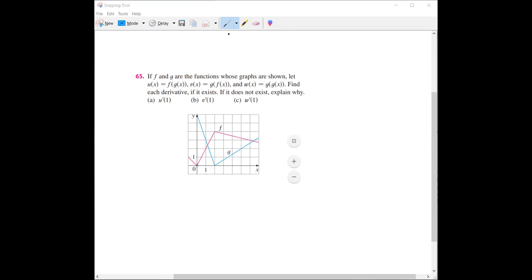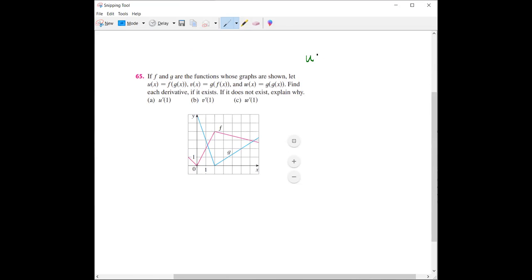Sweet, awesome. Okay, so here, basically what we need to do is break down what they're trying to tell us. Instead of saying u of x, question number 1 is asking us to find u prime of 1. How can we write that in terms of f and g? That's what we care about, right?